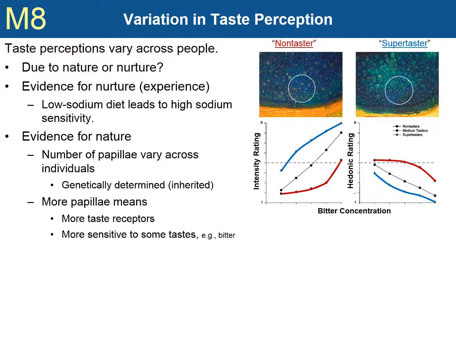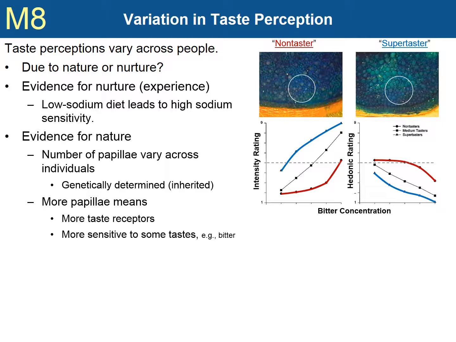The right graph shows a similar relationship with hedonic ratings. At the lowest concentration, the non-tasters rated the bitter substance as neutral, or okay tasting, but the supertasters rated it as lower.